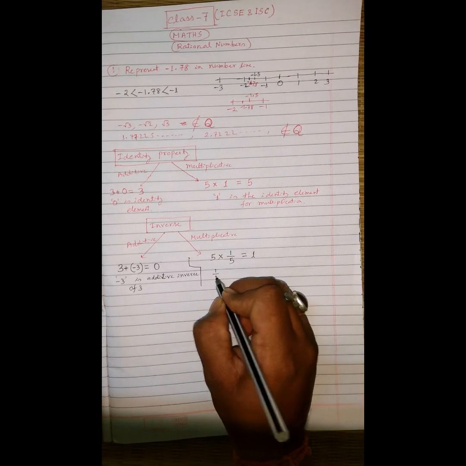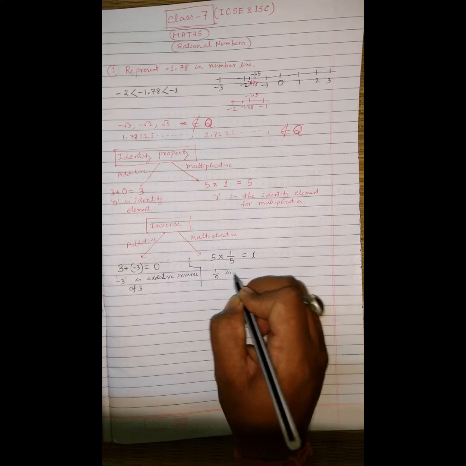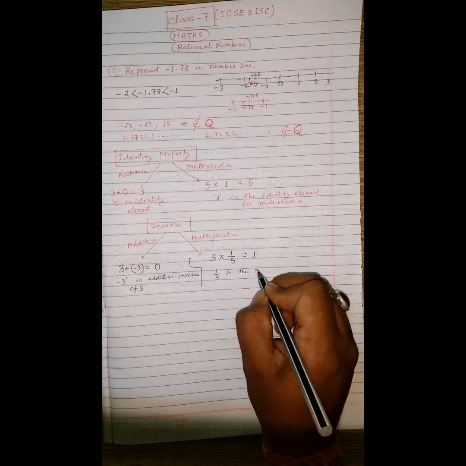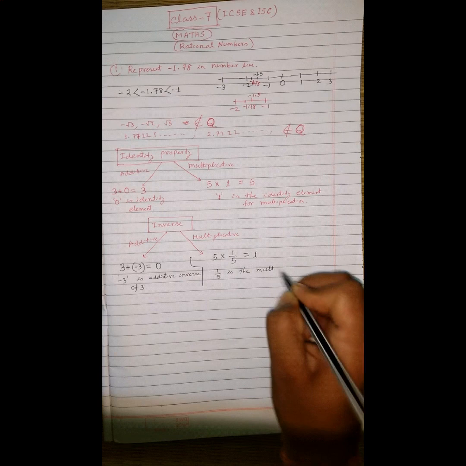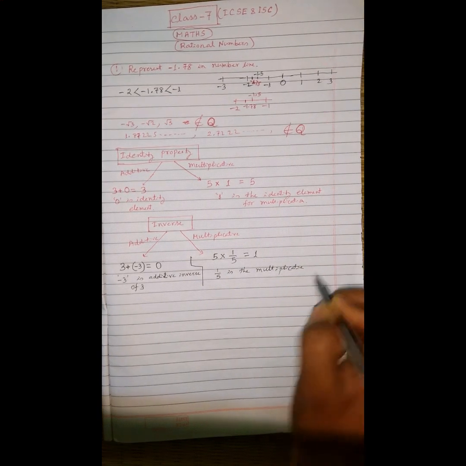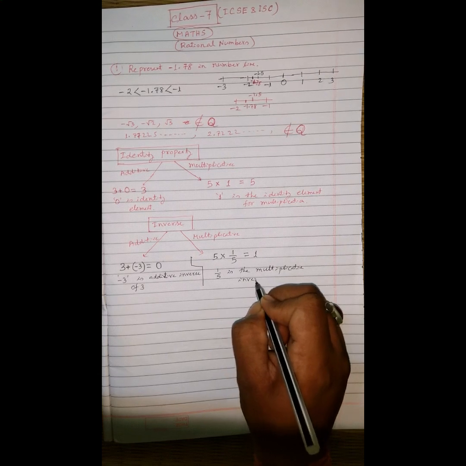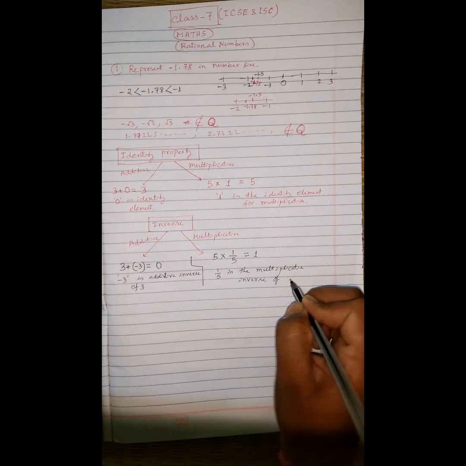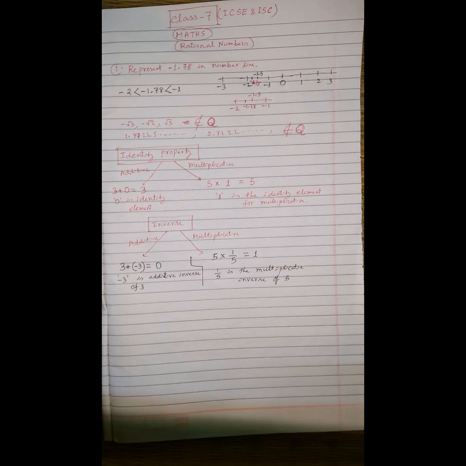So we can say that 1/5 is the multiplicative inverse of 5. For every number, its multiplicative inverse will be different.